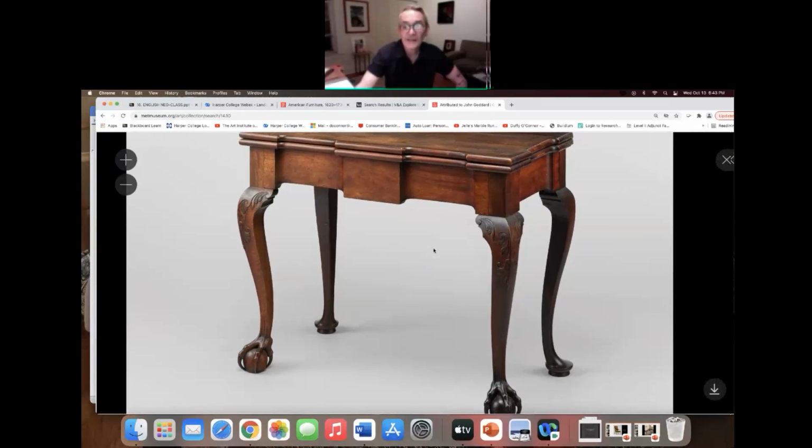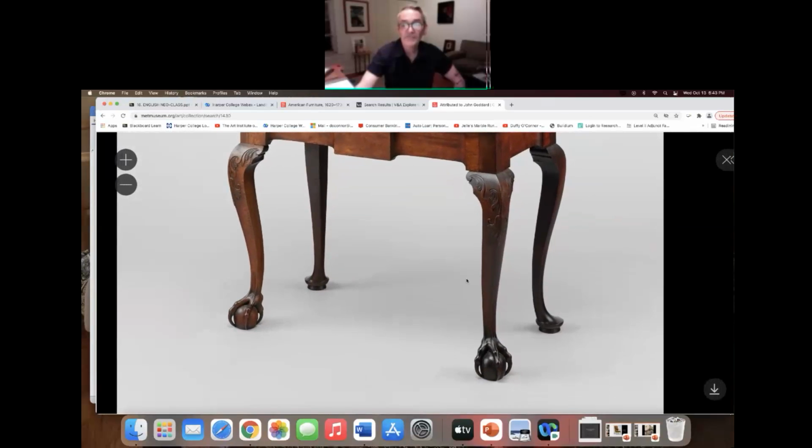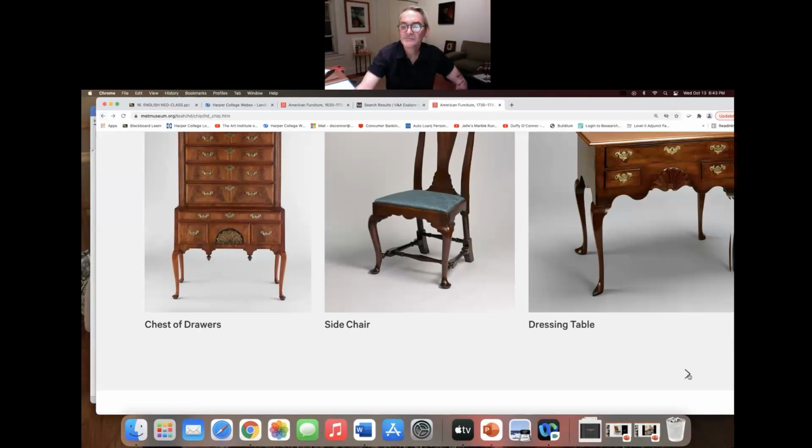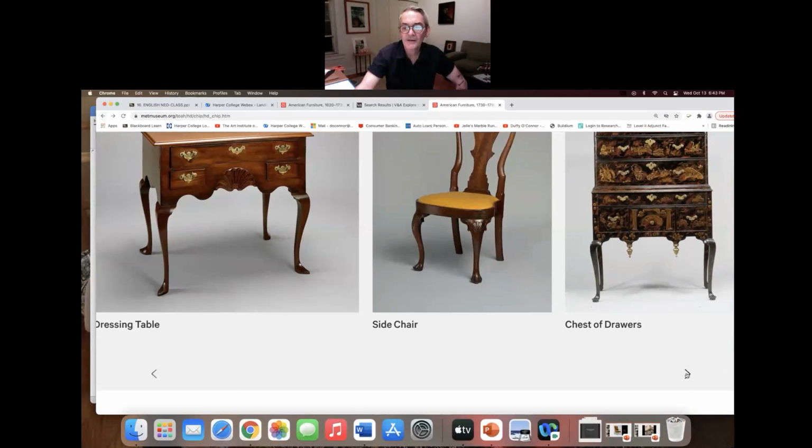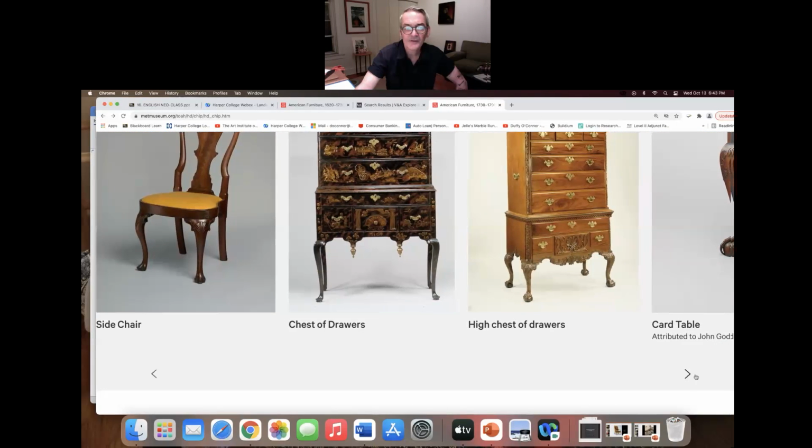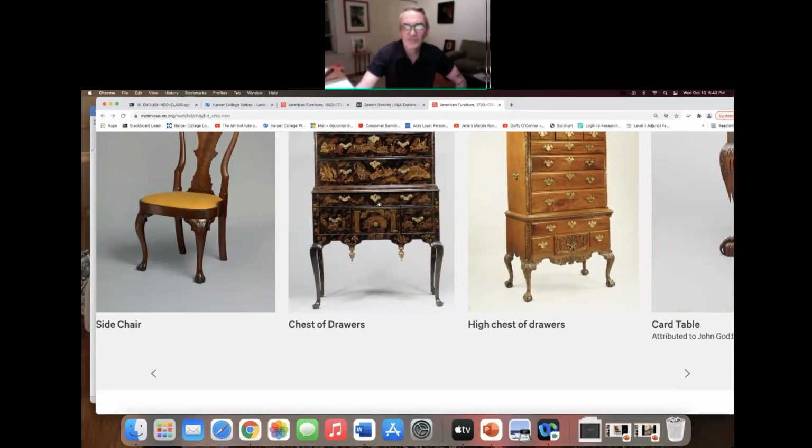Rather nice table. But you see, all this furniture is pretty simple in just being made with, like you do get some furniture like this.